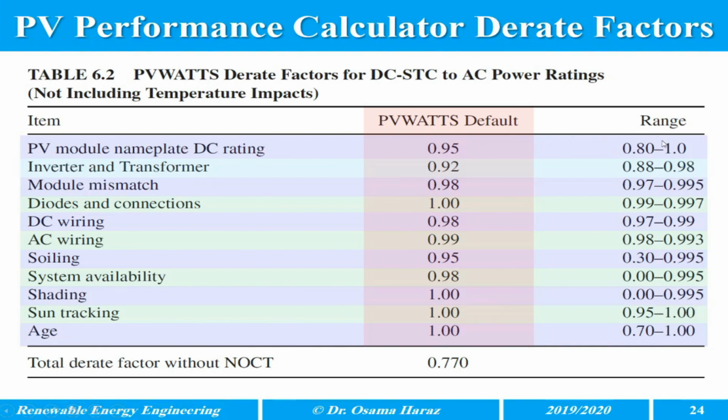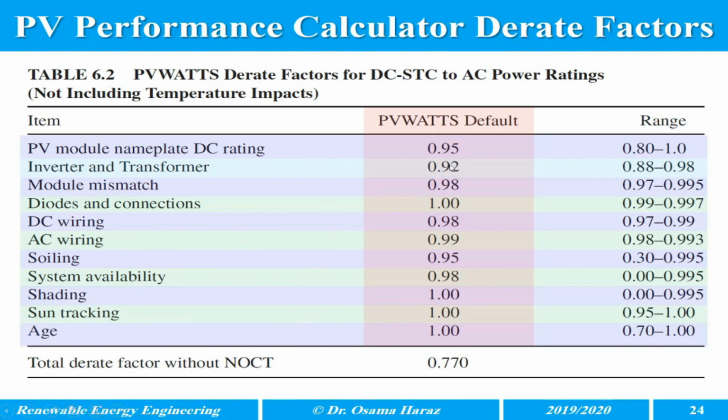This table shows different derate factors for different elements in the PV system, like PV module, inverter and transformer, module mismatch, tie and connections, DC wiring, AC wiring, soiling, system availability, shading, sun tracking, and age.